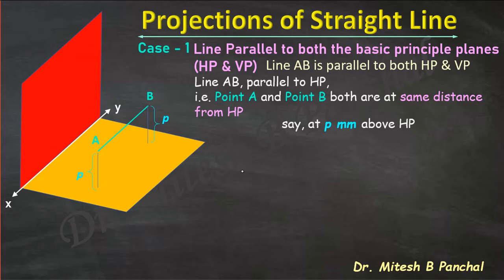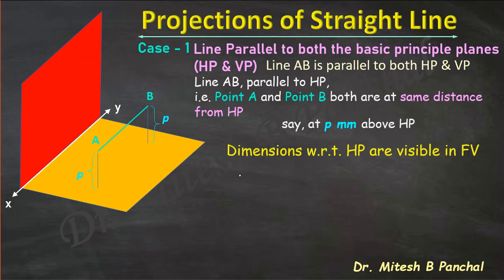Now we already know that dimensions with respect to HP are visible in front view. This is already we have covered during the projections of point.